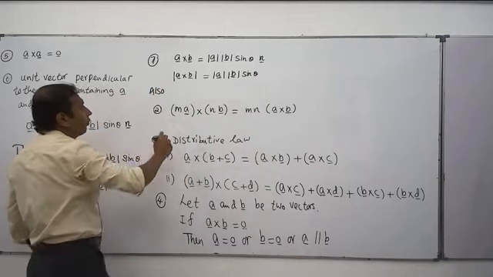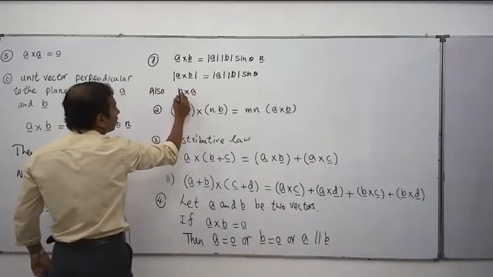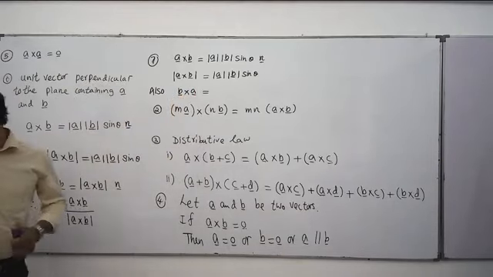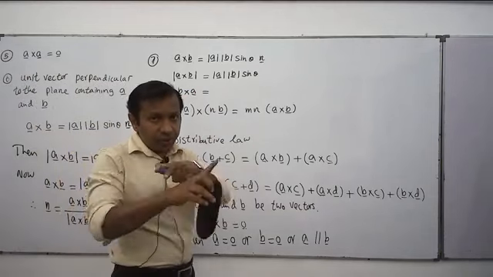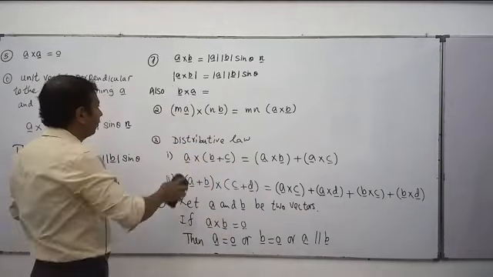Also, we can write B cross A. People, we said B cross A is equal to what? When we interchange the order of the vectors, we get a minus sign, no? Extra minus sign coming.